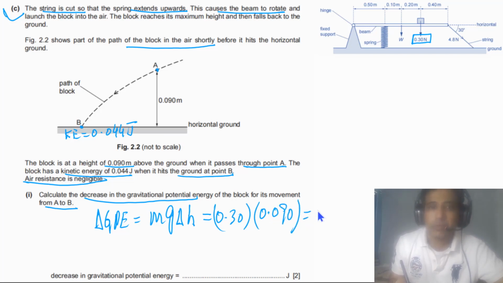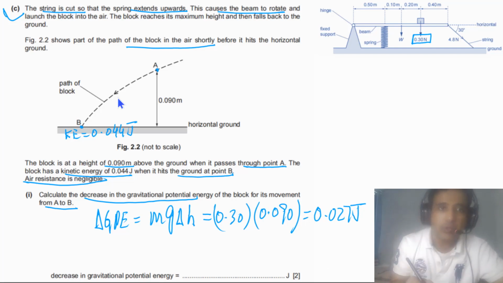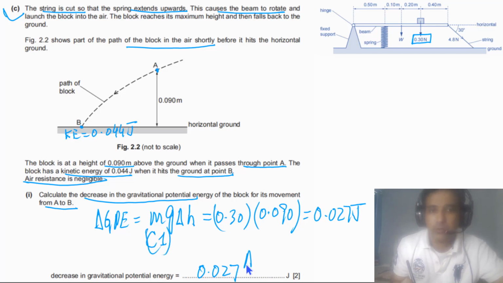Now if we simply multiply, we will get 0.027 joules. So this is the decrease in GPE of the block between A and B. So our final answer is 0.027. And this question has 2 marks. The first mark, you get 1 C mark if you have written this formula, and if you have got the right answer, you will get 2 marks.